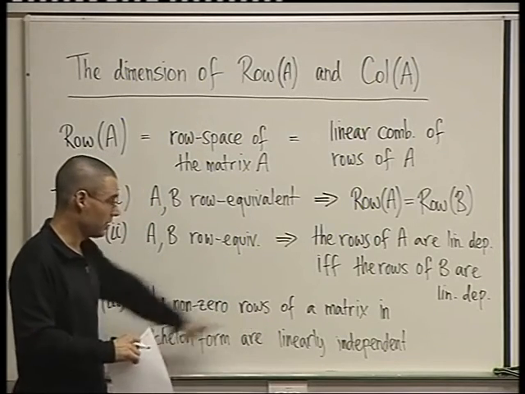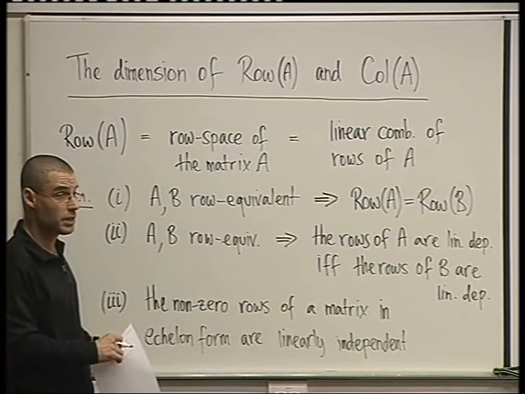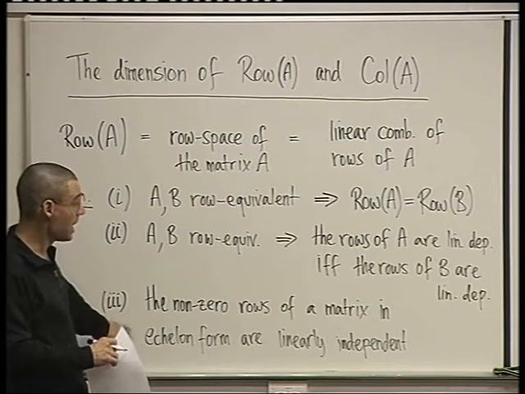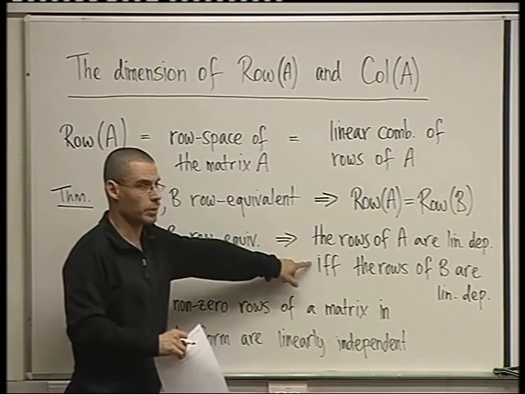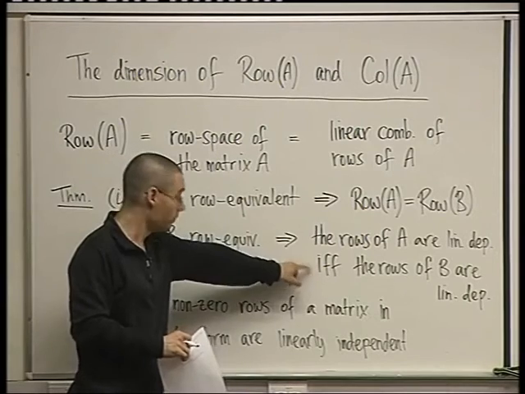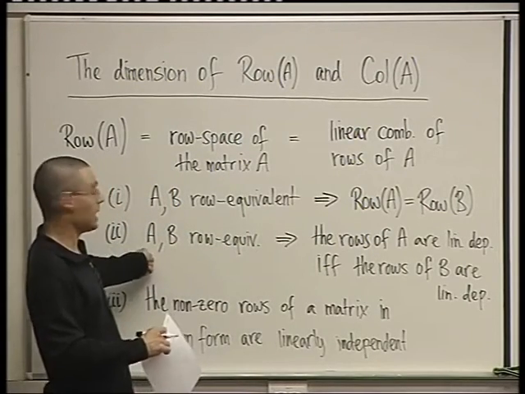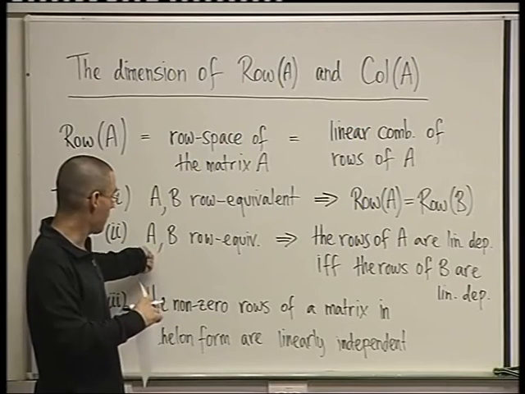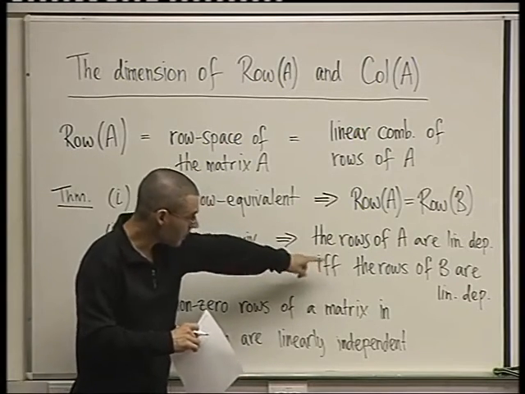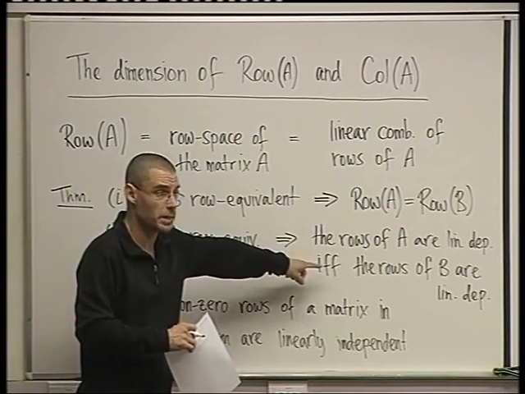If we didn't have that, they were linearly independent to start with, right? Because of this. And then that means that the original one, before the row operations, so if B is the echelon form, then A, the rows were also linearly independent.